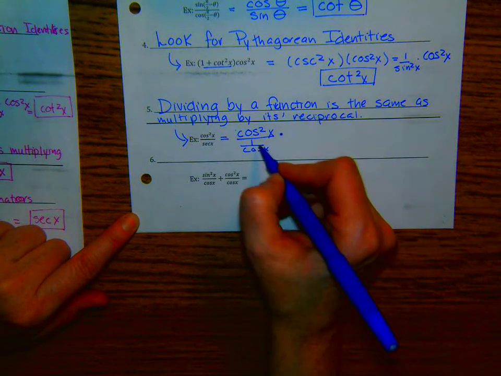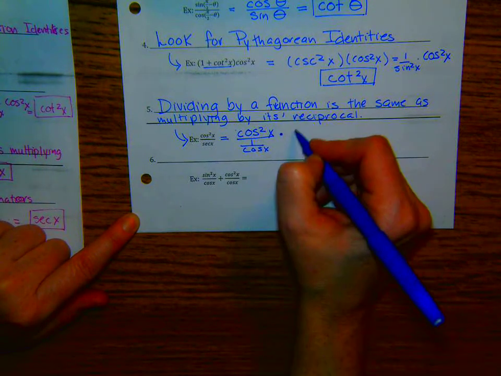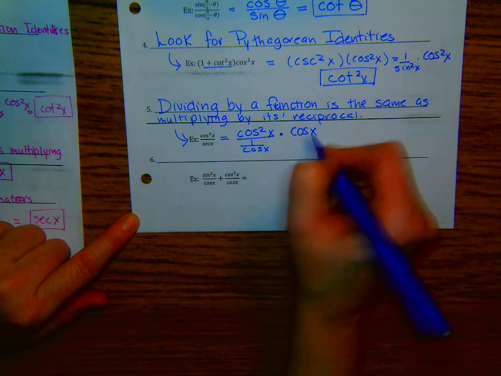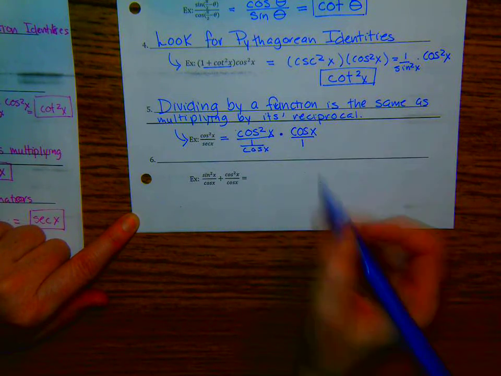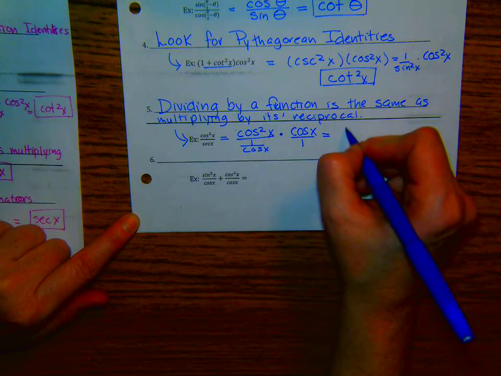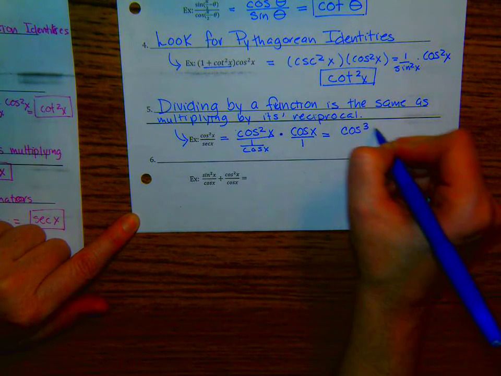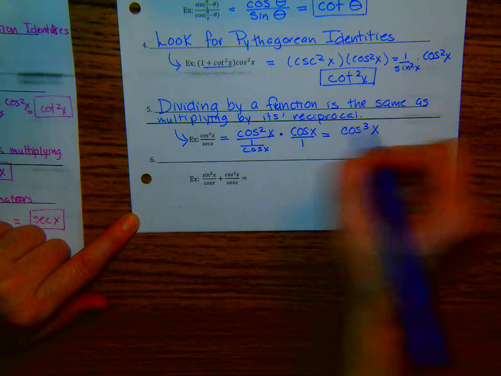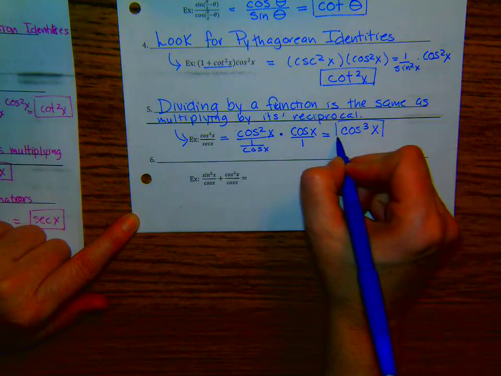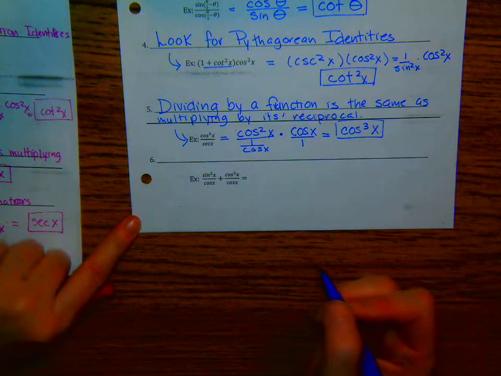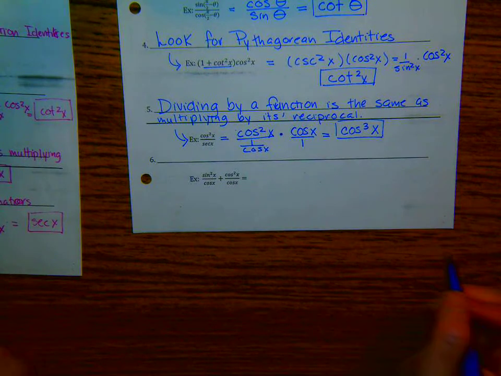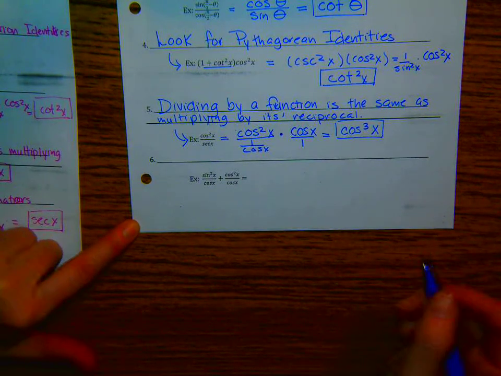The reciprocal of 1 over cosine is cosine of x over 1. So what is that? That is cosine cubed x, because when you multiply exponents, you just add them. Simplified.